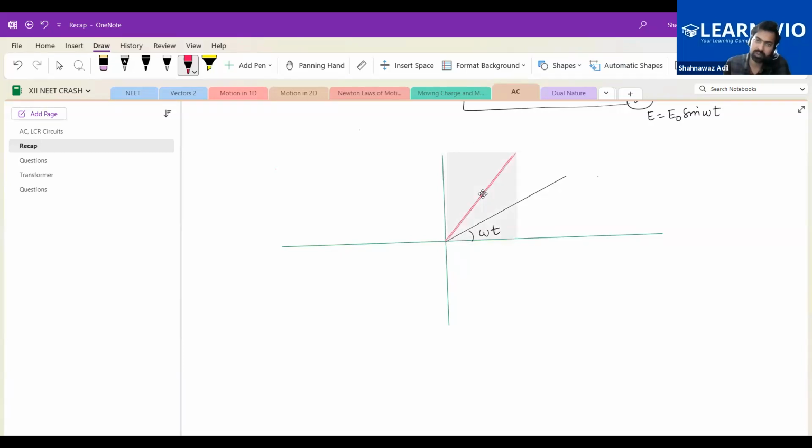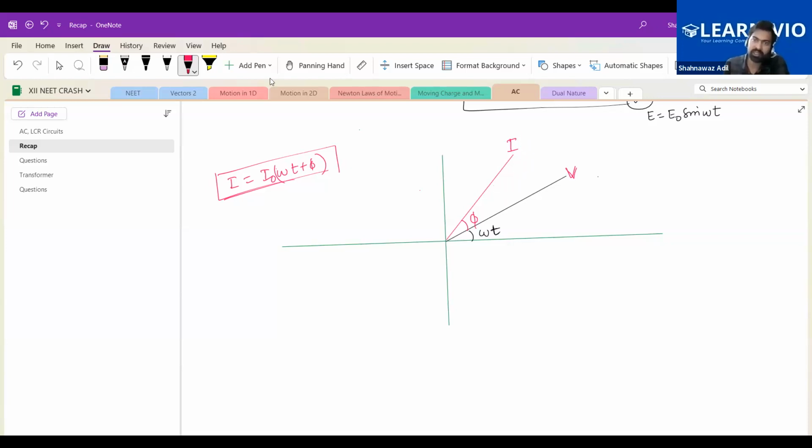This is phi, this is V, and this is I. So I is I naught sine omega t plus phi, right?